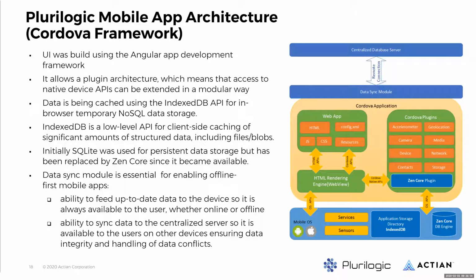This is an important part of our solution, which allows the system to get all the feeds from the server. So we want to make sure that our device has up-to-date data. And there's also synchronization when, for example, a device is offline and goes online. We want to make sure that there's data integrity, and that if there are any conflicts, those conflicts are resolved. It's a very, very key part of our overall solution.